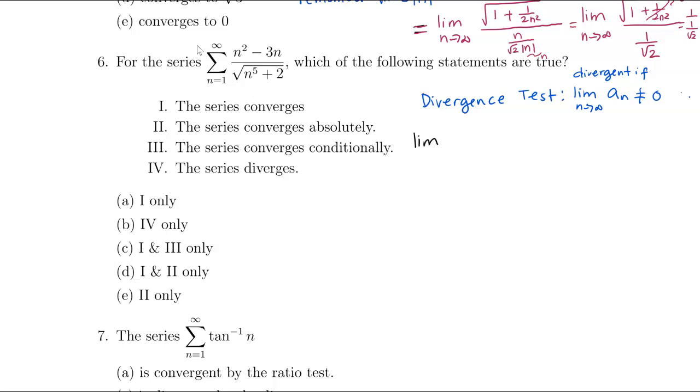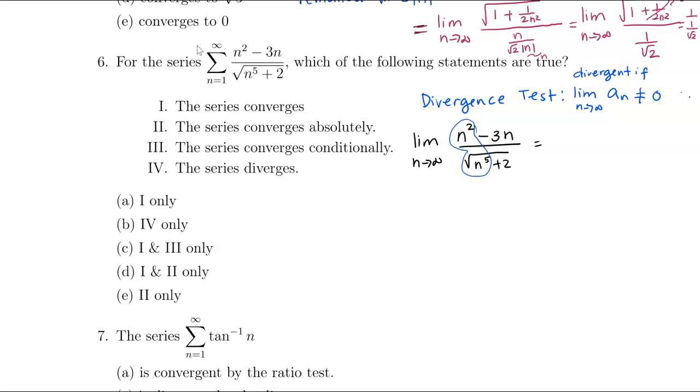Okay, so take the limit as n approaches infinity of n squared minus 3n all over square root of n to the 5th plus 2. As a shortcut here, you can compare this to get the leading term in the numerator and also the leading term in the denominator.